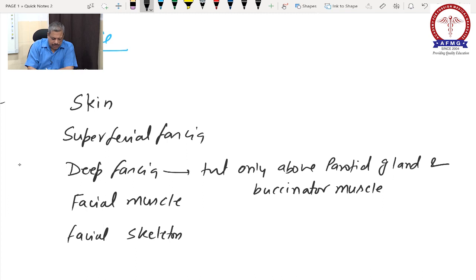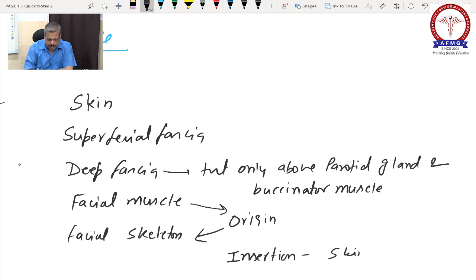Now see the facial muscles. These facial muscles take origin from the bones of the face, the facial skeleton, and are inserted into the skin of the face.